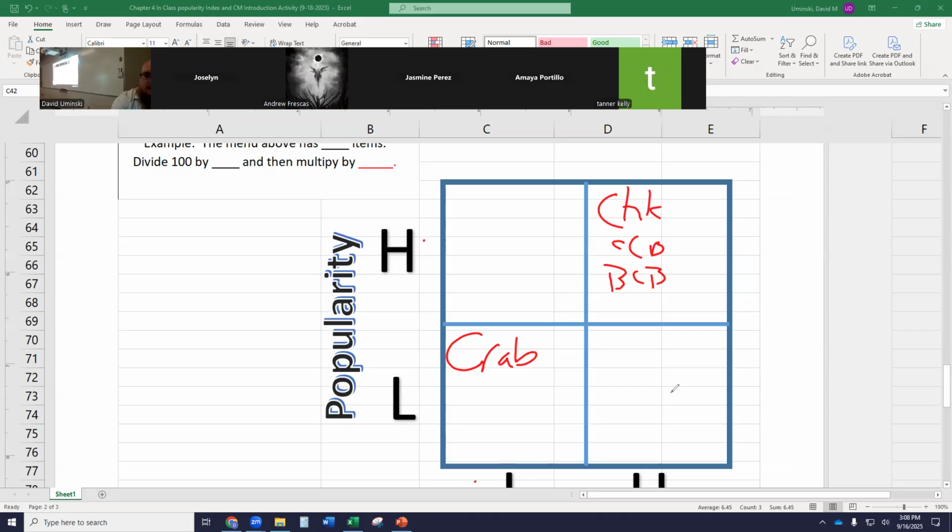So you're looking for H and then L. Which one do we have? Hamburger and BLT. And then the last one, of course, is going to be our high contribution margin. It's not very popular. We have veggie burgers and corn dogs.